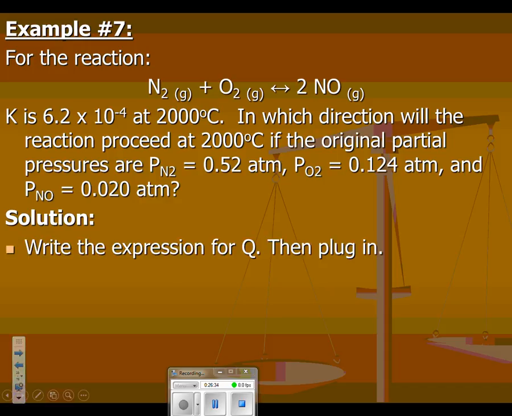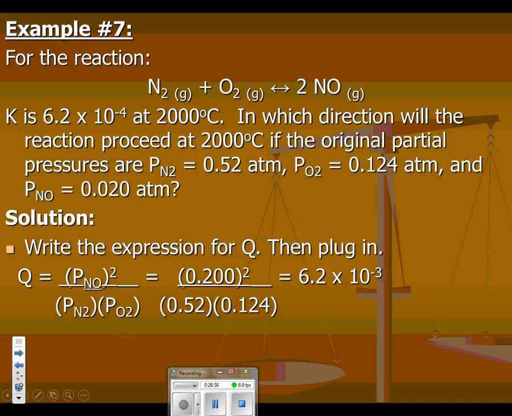So Q would be 0.00. Did we do it okay? Are you guys with me? Okay, so compared to K, is it bigger or smaller? First of all, it's bigger, so I have more products than I need. So which way is it going to shift?